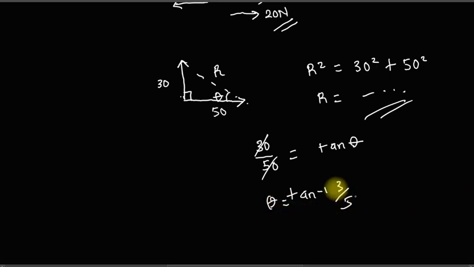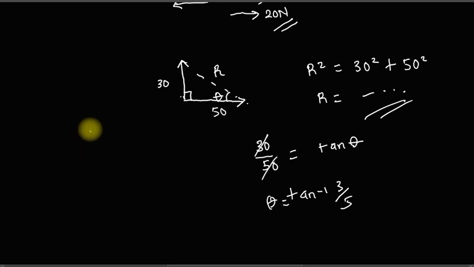Now usually in JAMB, there is no sine, there is no tan, there is no cosine in your calculator. So many students might ask me, okay, how do you go about finding tan when you don't have a calculator? Look, JAMB is not going to give you anything which you cannot use your calculator for. And if at all they are going to give you, they are going to give you the frequently used angles, natural angles.